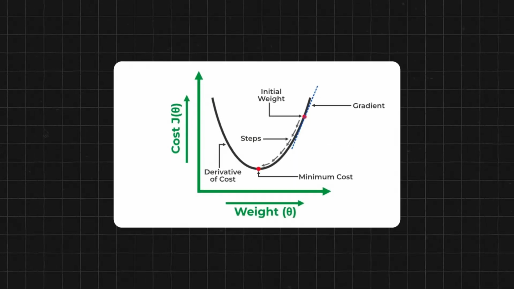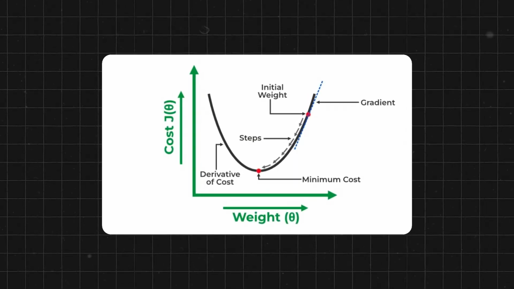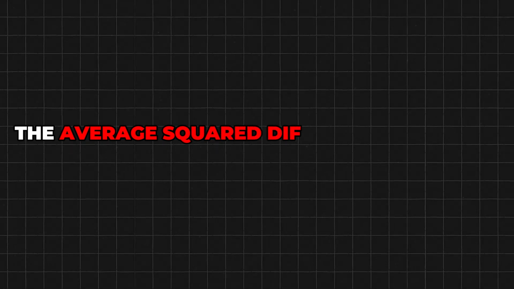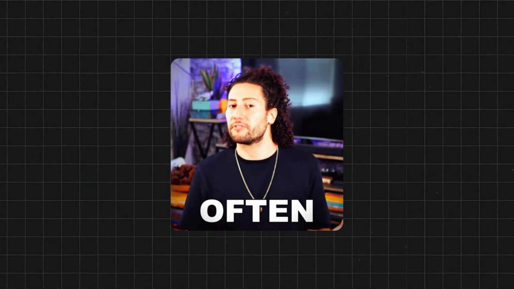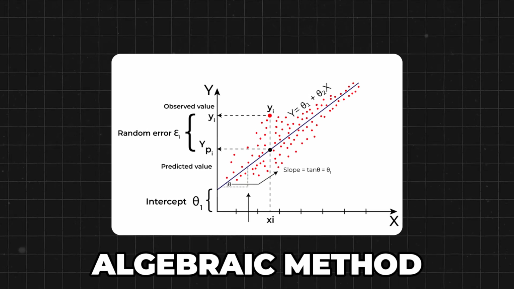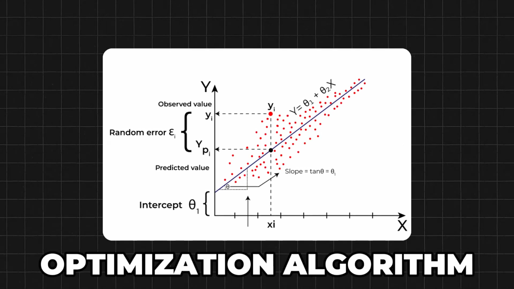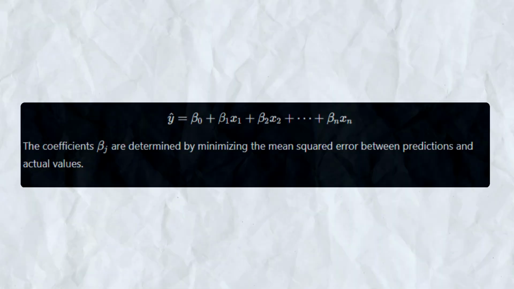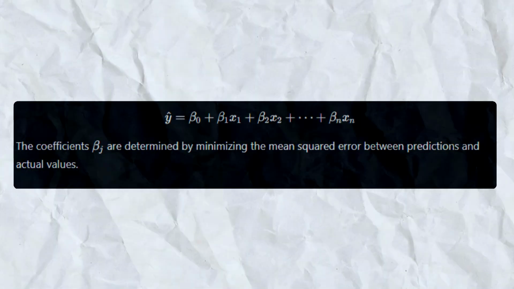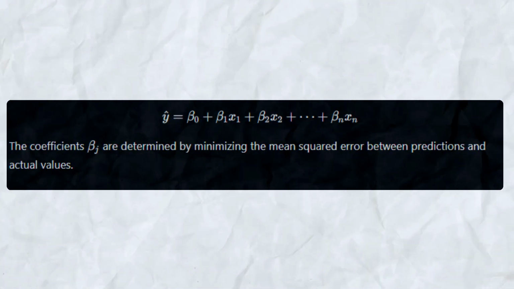To determine these weights, the model minimizes the mean squared error, the average squared difference between the actual values and the predictions, often solved by either a direct algebraic method or an iterative optimization algorithm. The coefficients bj are determined by minimizing the mean squared error between predictions and the actual values.